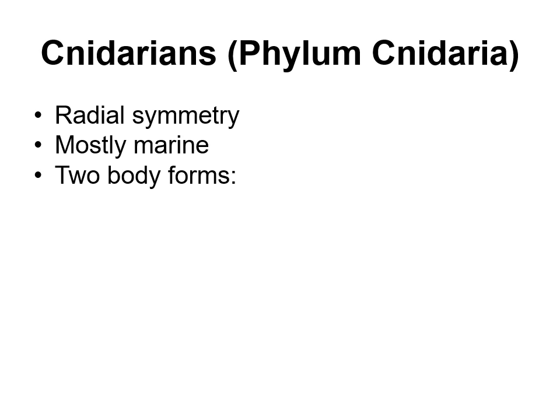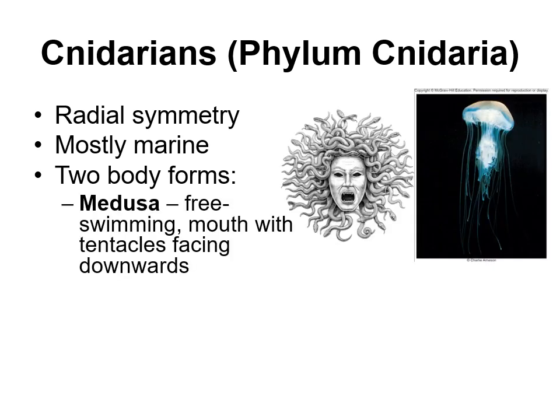And there's 2 general body shapes that Cnidarians can have. One is what's known as the Medusa body form. That's what this jellyfish has right here. It's named after this Greek mythical figure, Medusa.